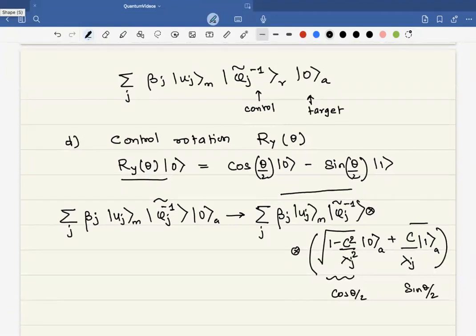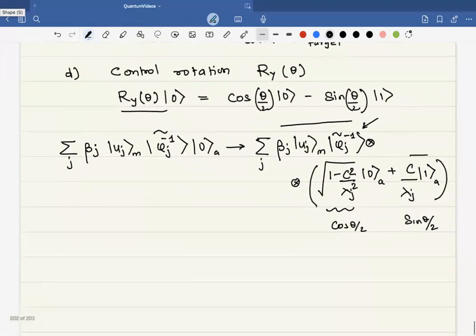But unfortunately, we have to add one more step because this register is entangled with the first one. So we have to unentangle this register to make sure that we can just measure the ancilla bit to be a one, right? So the final step, or step E, is called the uncompute step.